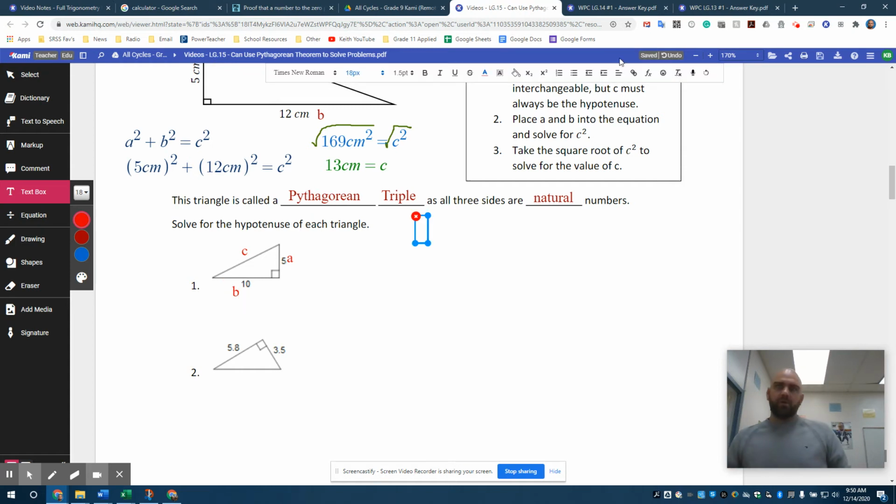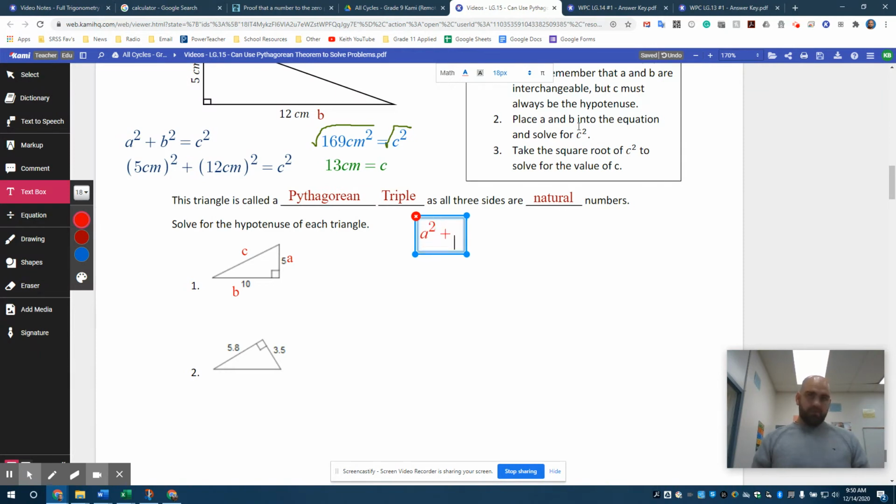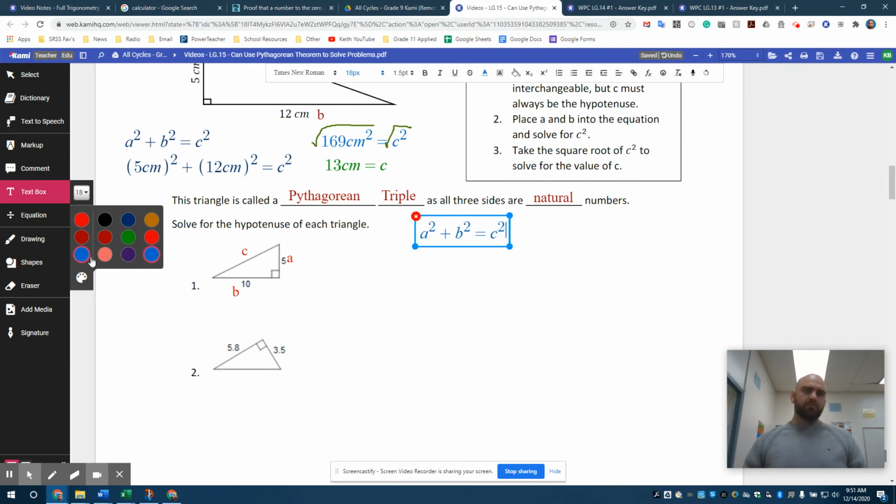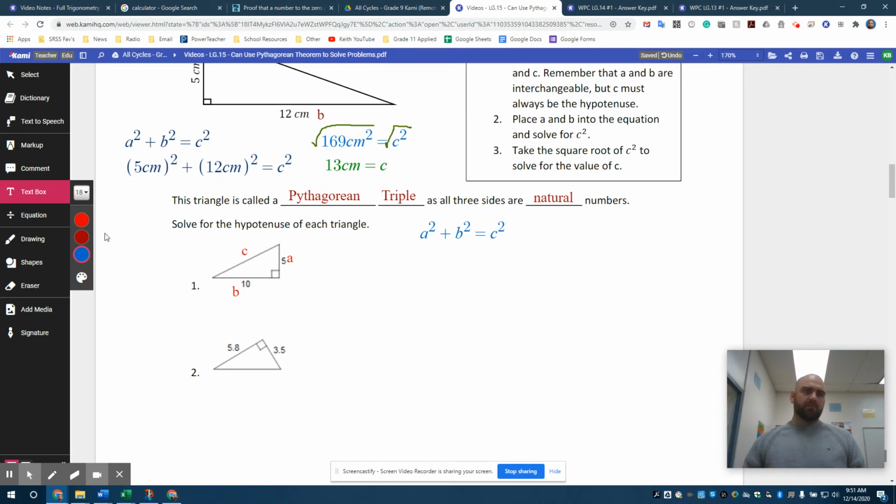I'm going to put my equation up here once for both of these: A squared plus B squared is equal to C squared. I have A, B, and C. All right, so this is 5 squared.